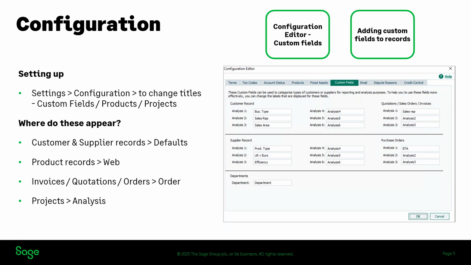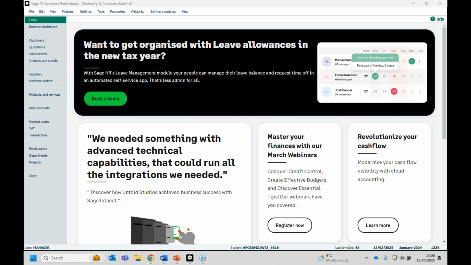But what I'm going to do now is pop over to my software and we'll get straight stuck in with the demonstration. So I'm going to pop over to my Sage 50 Accounts. I'm just going to show you again where we're talking about in terms of how to configure these settings.